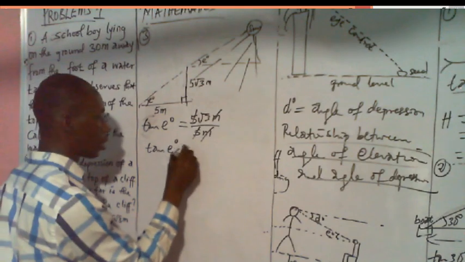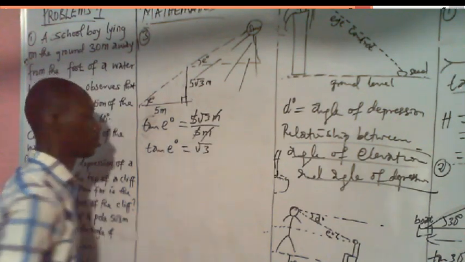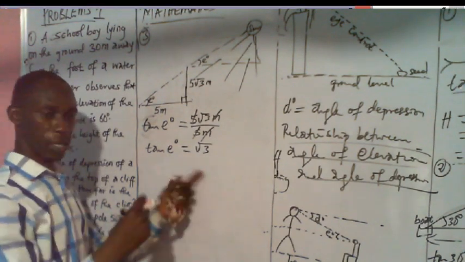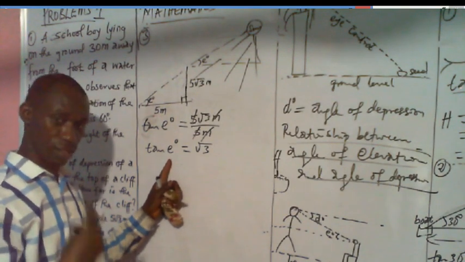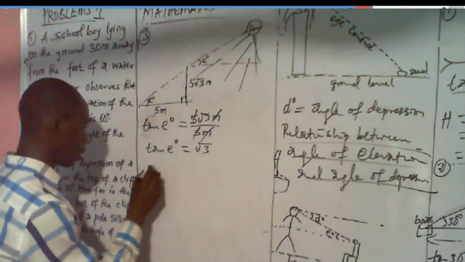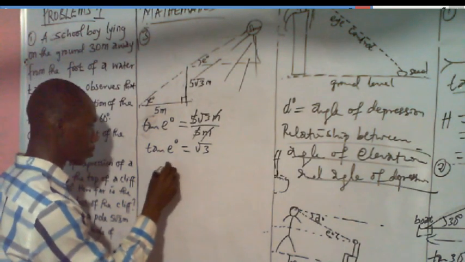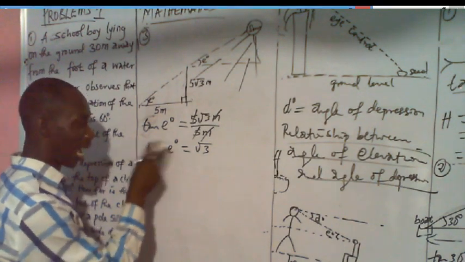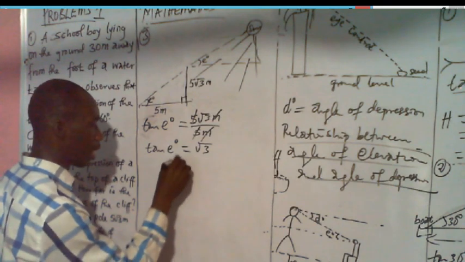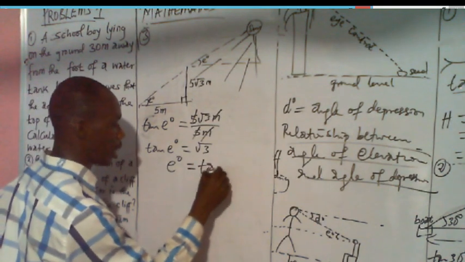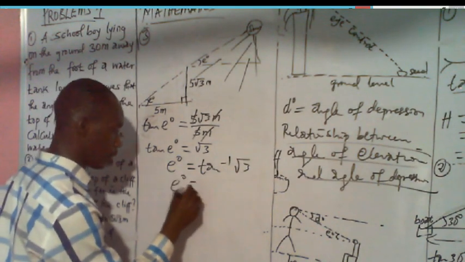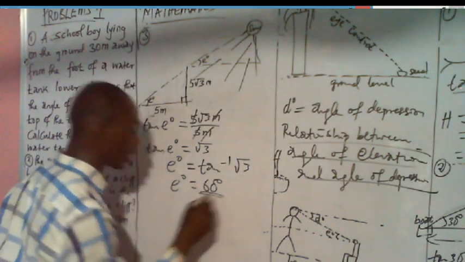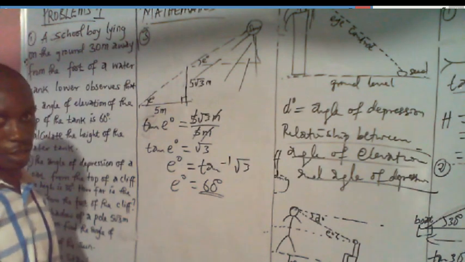Tan E degrees is equal to root 3. You need nobody to tell you that E degrees is what? 60 degrees, because tan 60 degrees is root 3. Therefore, if I take arctan of both sides, I have E degrees is arctan root 3. E degrees is equal to 60 degrees. That's our angle of elevation.